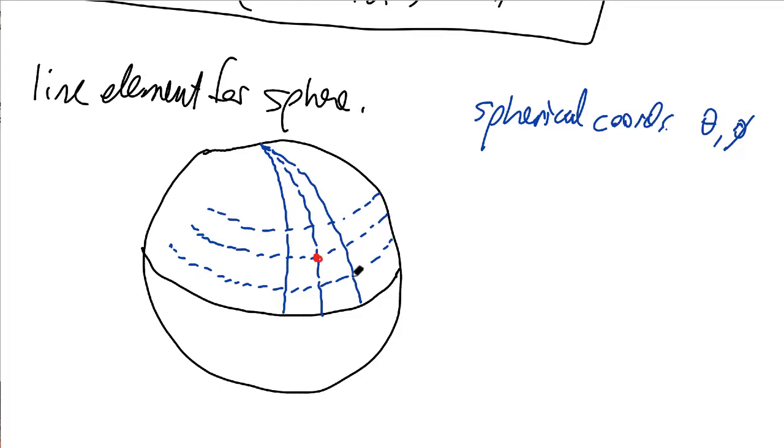Say this point and this point. So this is the point theta comma phi. This is the point theta plus d theta comma phi plus d phi. If we do that, this distance right here is, let's say the sphere has radius a.